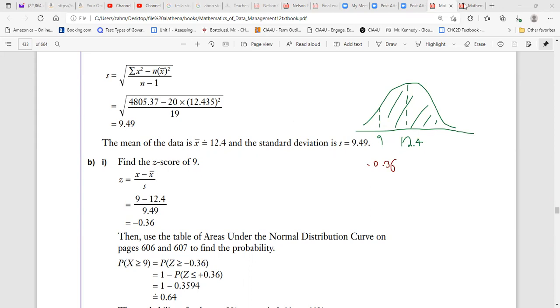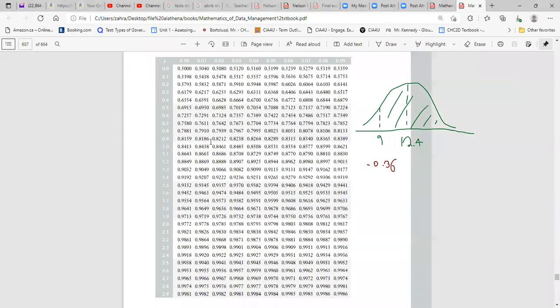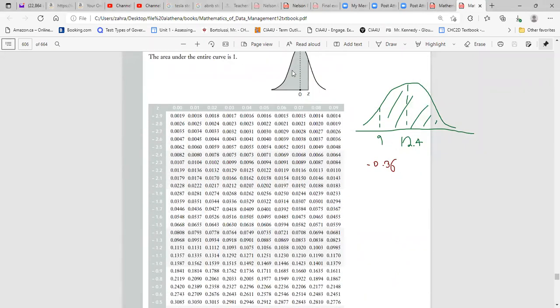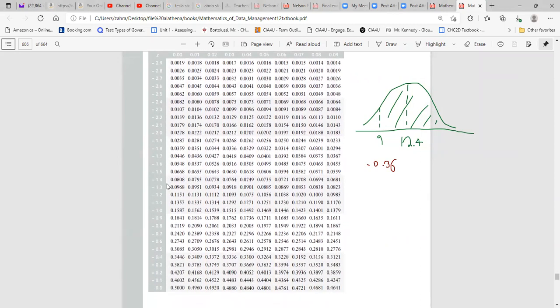Just to remind you, you go here, negative 0.36. If you do that, you get the area below that. So to get the area above, we just say 1 minus that area. The first area here is negative 0.36, 0.3 and 6 here will be that number, 0.3594.